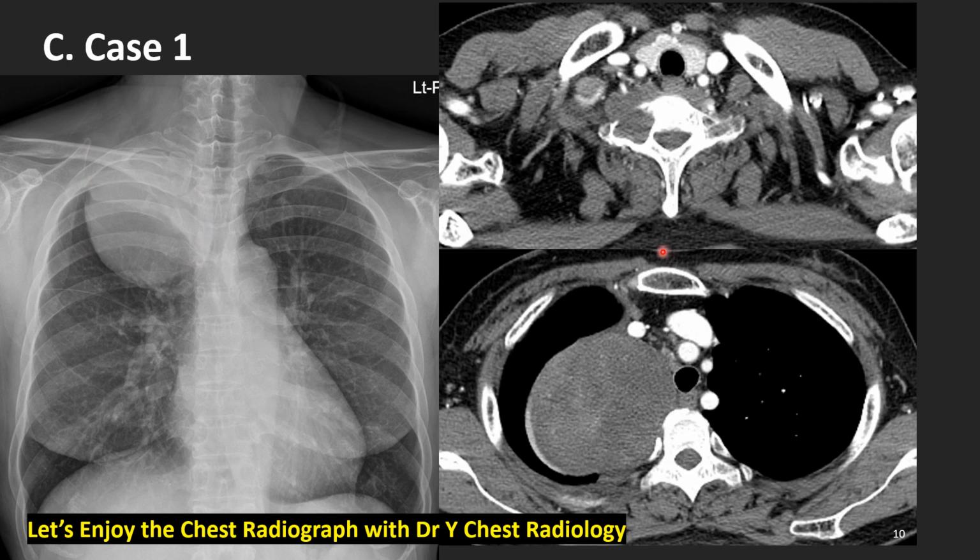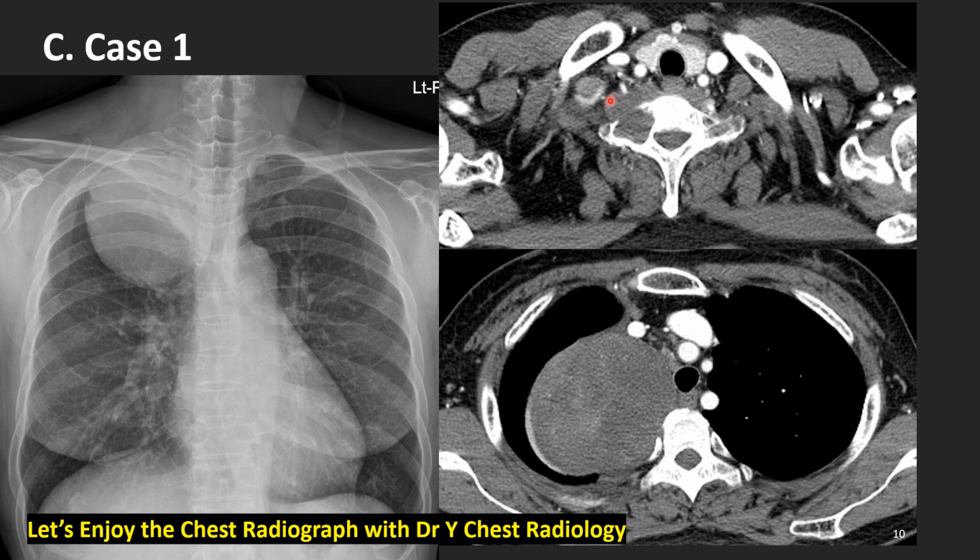Let's look at these two axial contrast enhanced CT images. The upper portion is like this. We see neuroforaminal enlargement with bone erosion, and there is a soft tissue mass here on the right side.